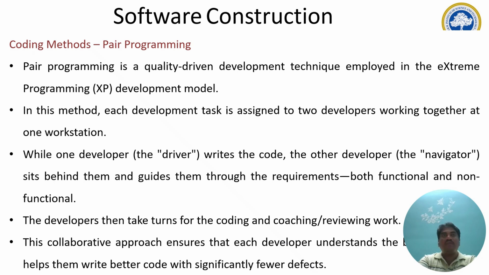You hear this word in many places: pair programming, pair testing, pair programming hackathon, where two people commonly work together and produce the project output. That is called pair programming. Developers take time for coding and reviewing their work. When one person is coding, the other does the review.